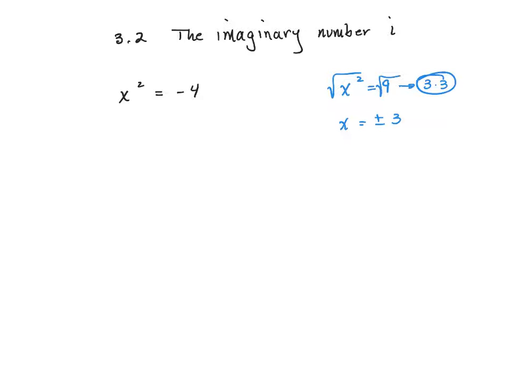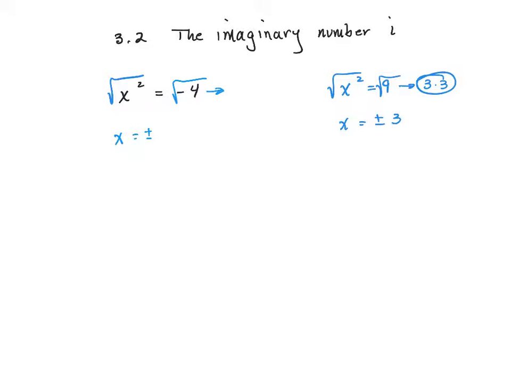But we run into a problem if we ever had something like x squared equals -4, because while I can square root both sides, x equals plus or minus, there are not a pair of numbers that I can multiply together to get -4. I can multiply 2 times 2 to get +4, but there's no way to get that negative.